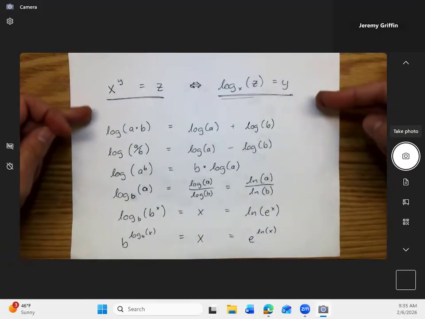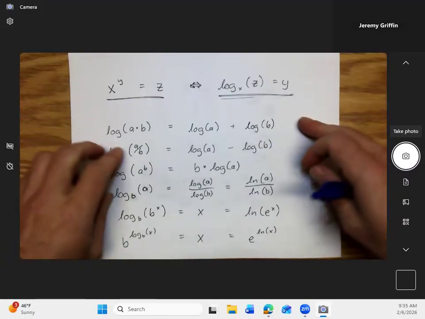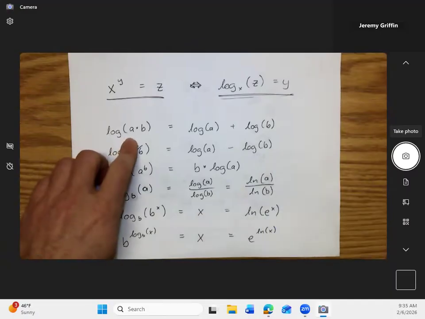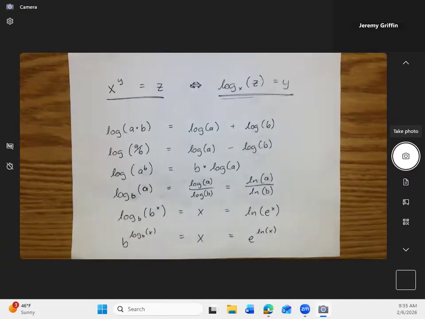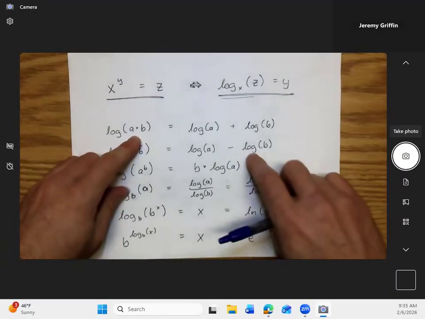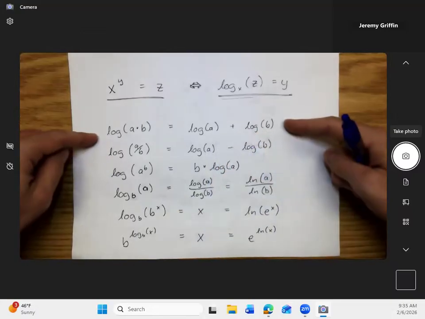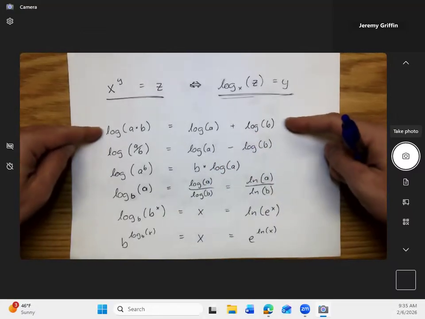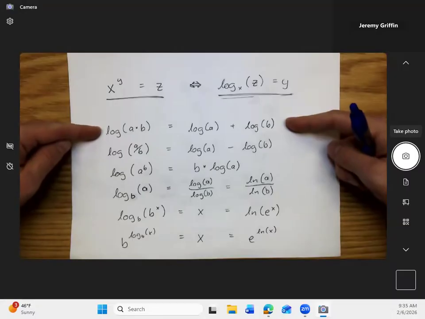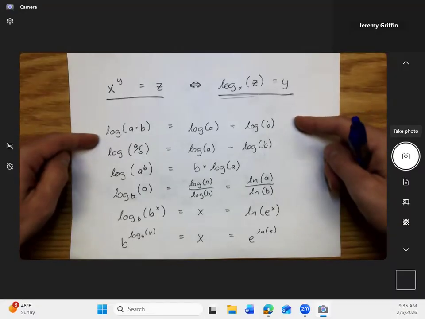While I've got this page up, let's go through these other rules. I bet all of these are going to be handy throughout the Kahoot. We have the product property: a log of two numbers multiplied, you can add the logarithms. People actually used this for hundreds of years to multiply large numbers together quickly, with tables of logarithms.